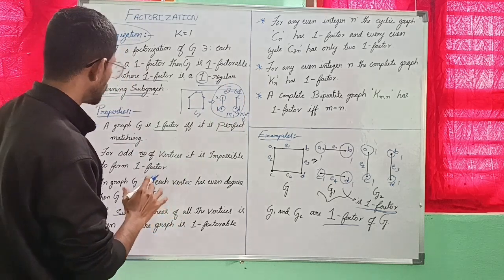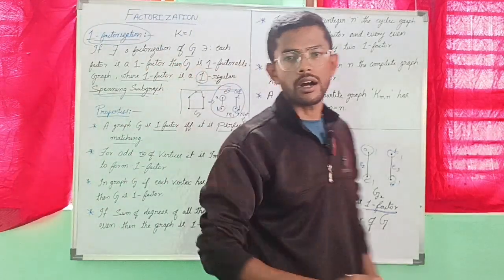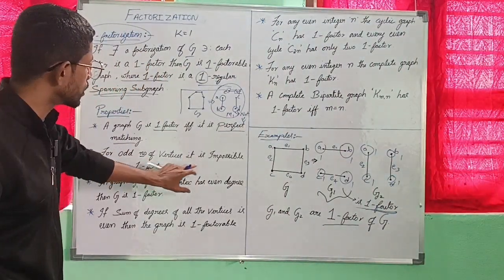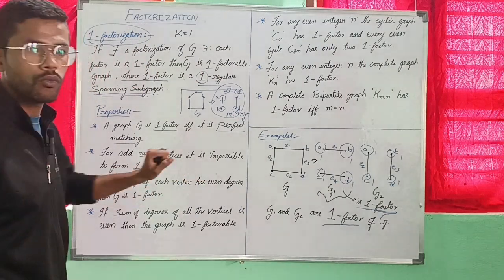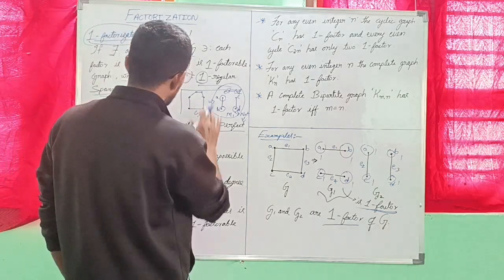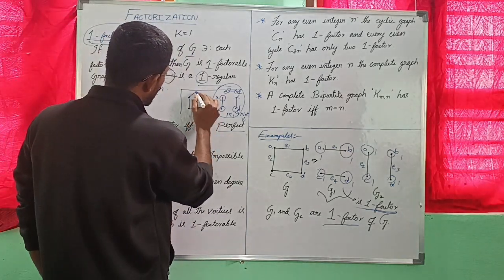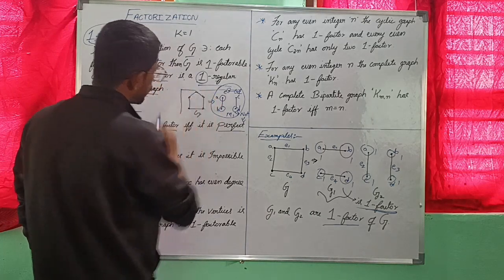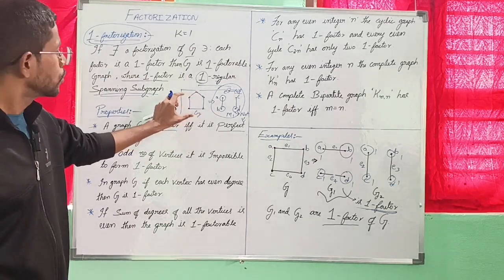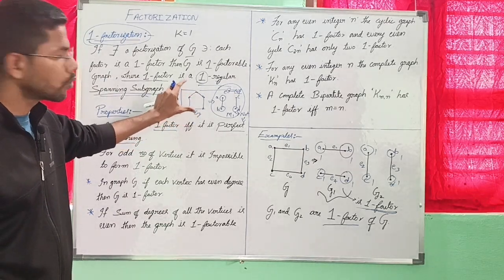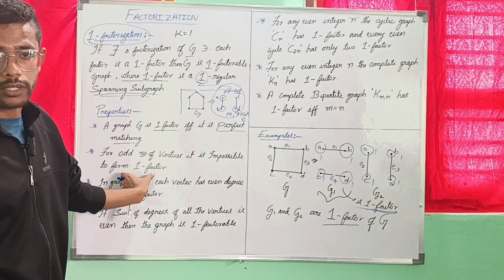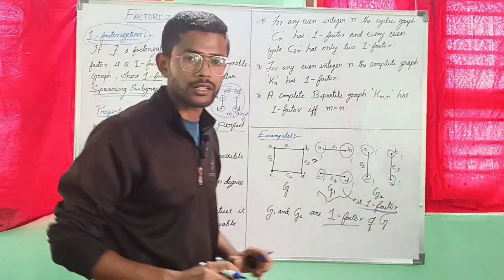This is the first property, and the second property is that for an odd number of vertices it is impossible to form a one factor. Taking the same example, when I have a 5 vertices graph, it is impossible to form a one factorization.